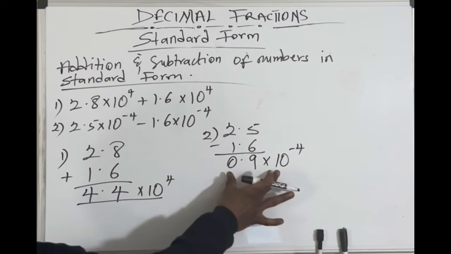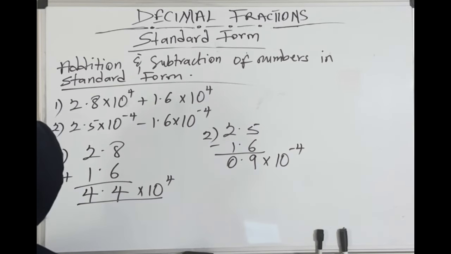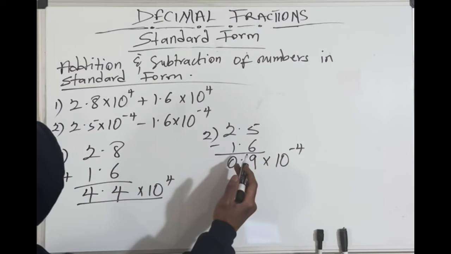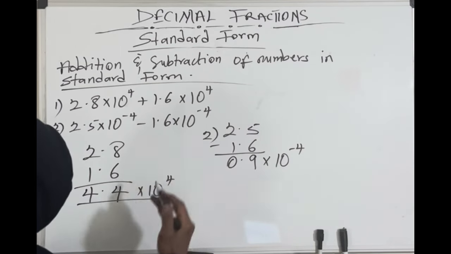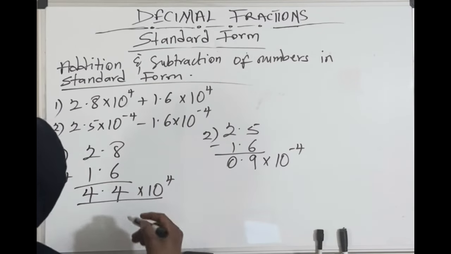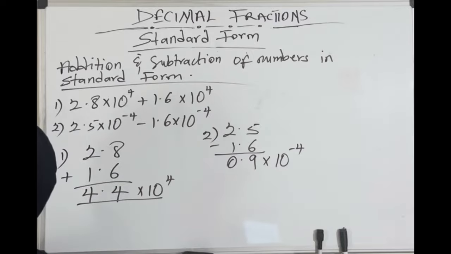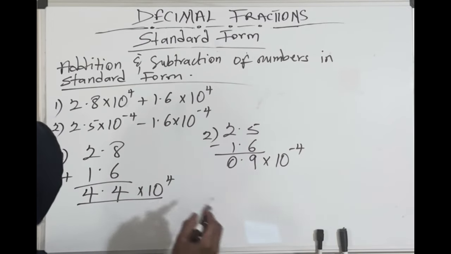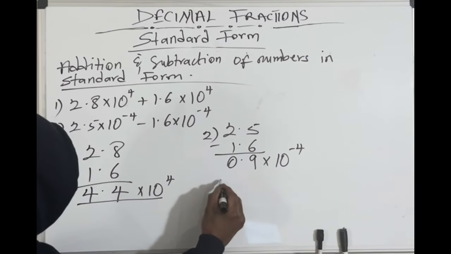Okay, so this is not in a standard form. We have to change it to a standard form. And then we said when we move the decimal point towards the right, it will have what? A negative power. Towards the left, we'll have a positive power. But we'll be moving towards the right, so we have what? A negative power.